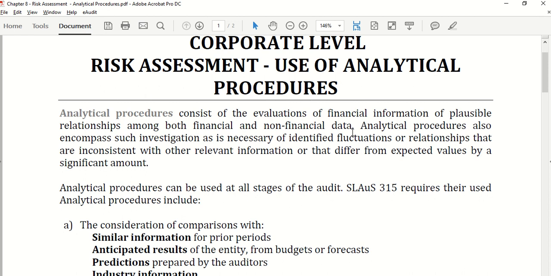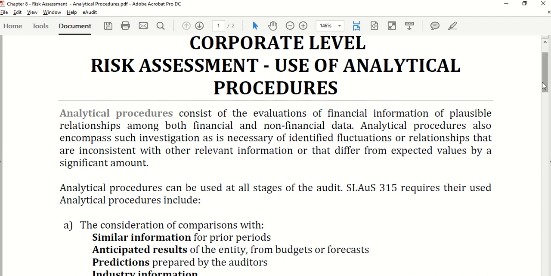So these analytical procedures help us to do investigation, especially to identify fluctuations, relationships, and inconsistencies among the figures. These analytical procedures are very helpful.